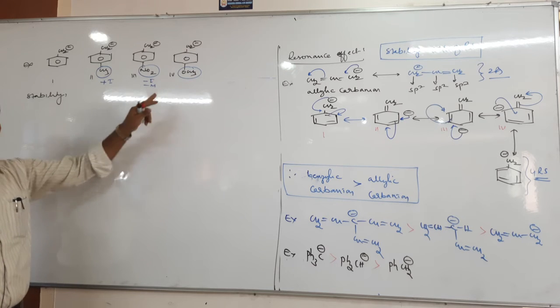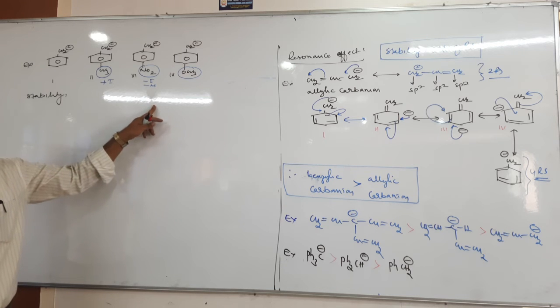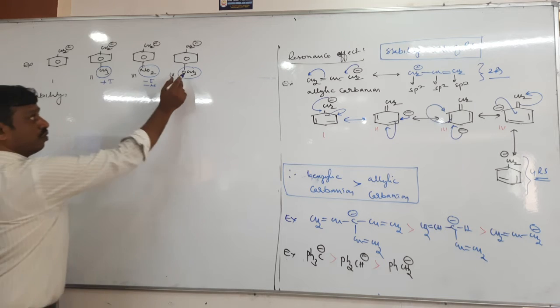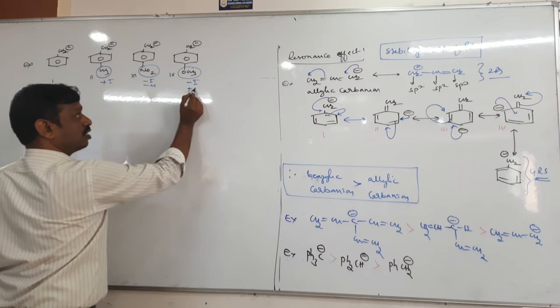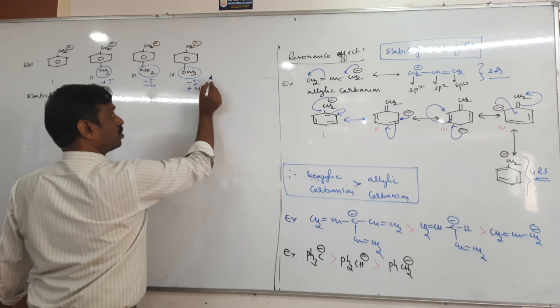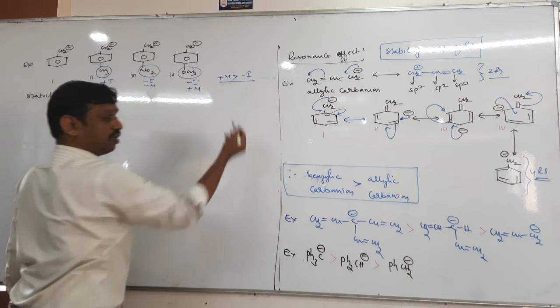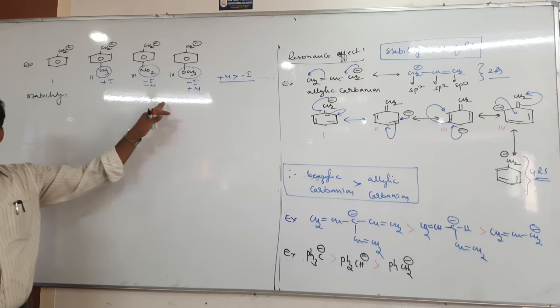Minus I will be there, along with minus I, minus M is also possible for NO2 when present on a benzene ring. Next, OCH3 is a minus I as well as plus M, but for OCH3 we have already studied that plus M dominates minus I.